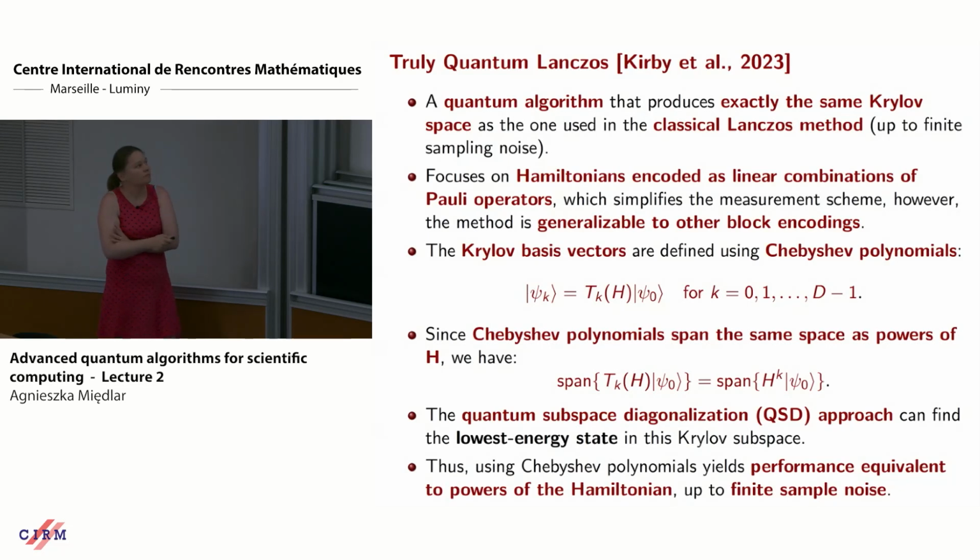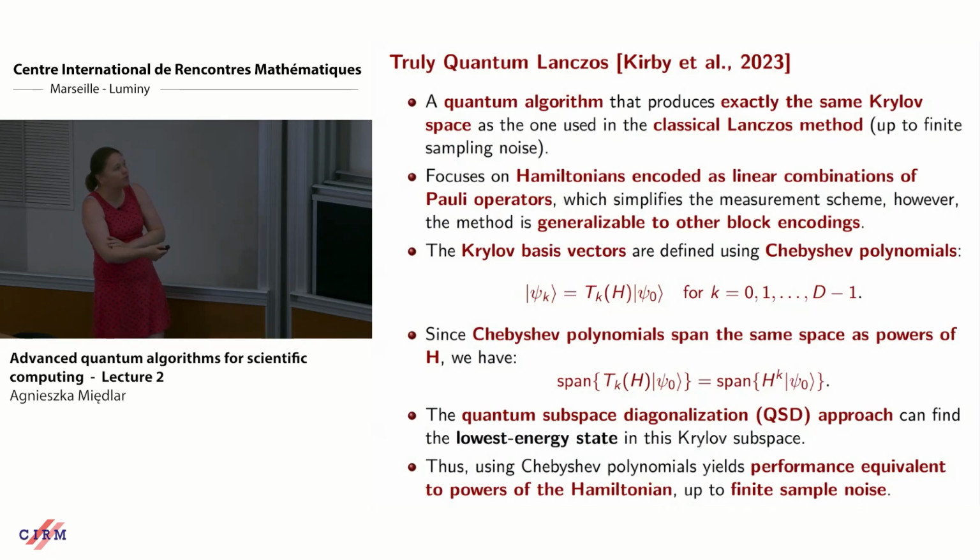It's essential because those two subspaces are the same. I don't want to work with these objects because they're too large to be stored. But I can get the same subspace by just applying the Chebyshev polynomial to my initial state, and this I will be able to do whenever I need.